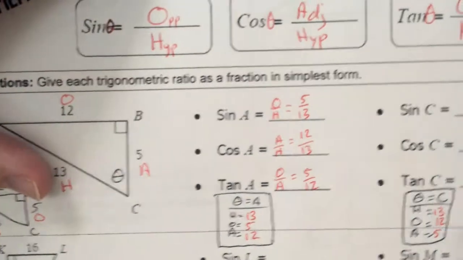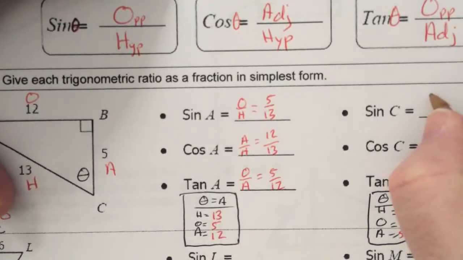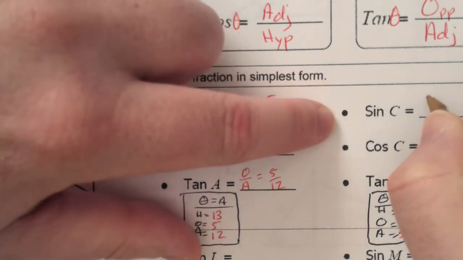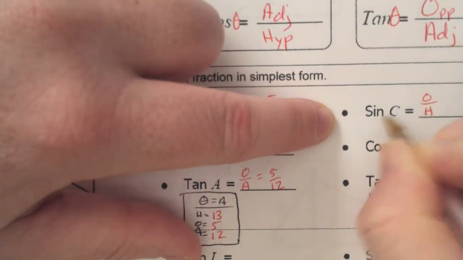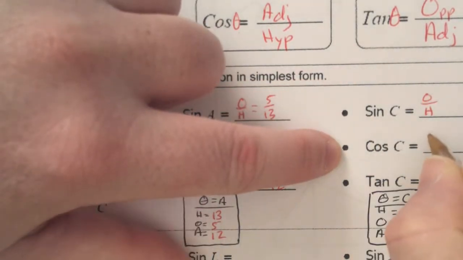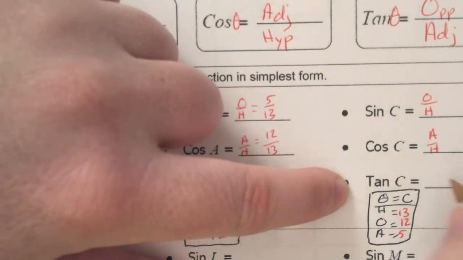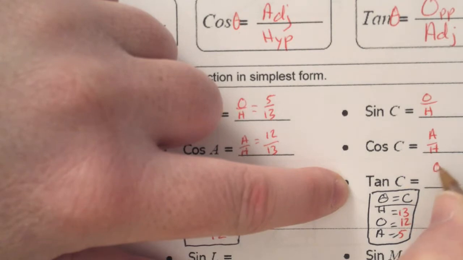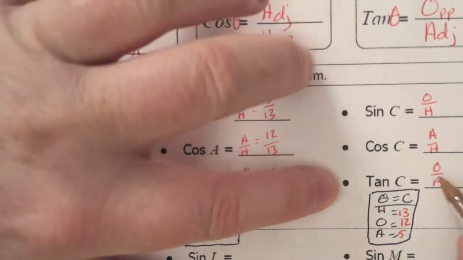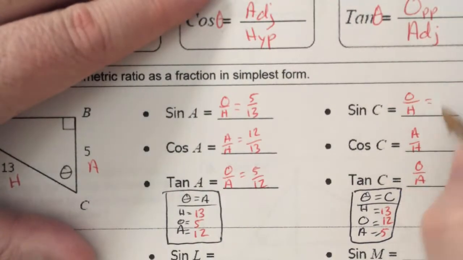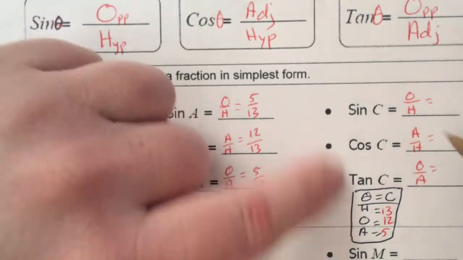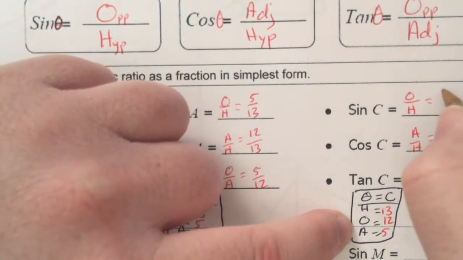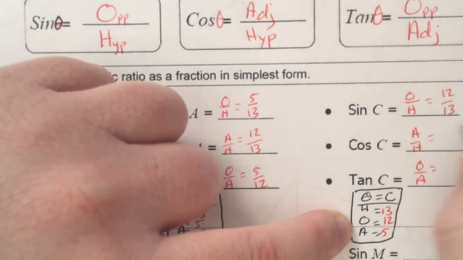Now all we have to do is plug in. Sine is O over H, cosine is A over H, and tan is O over A, TOA. Let's plug everything in. O over H is 12 over 13. Can you simplify?